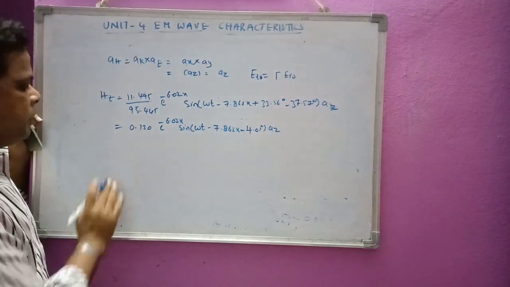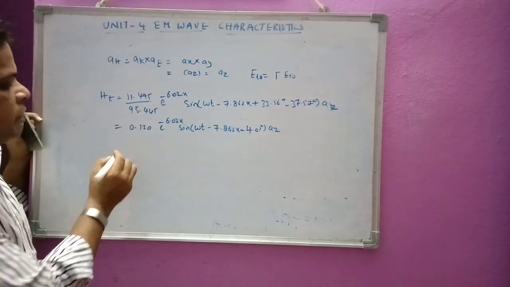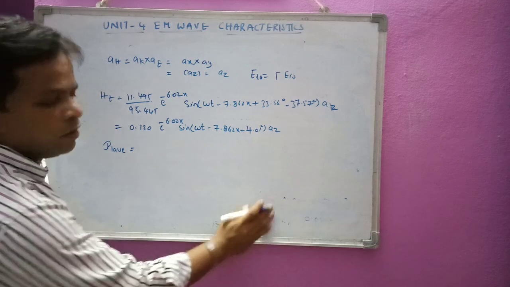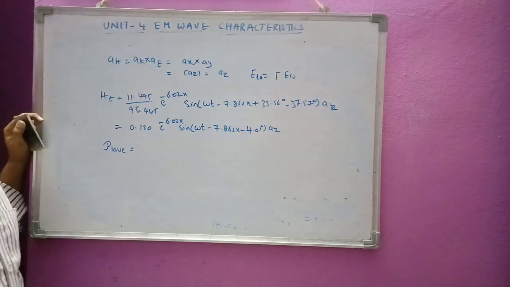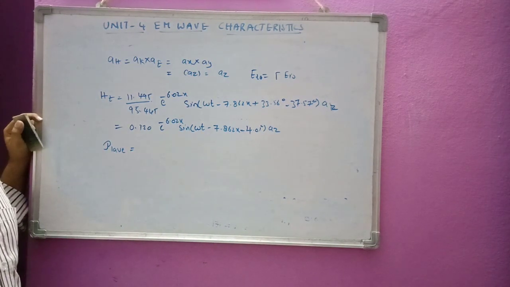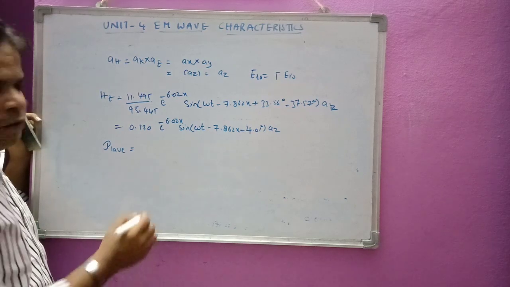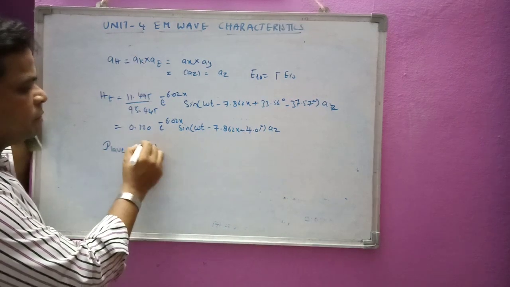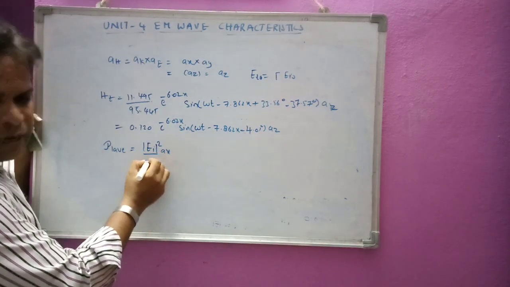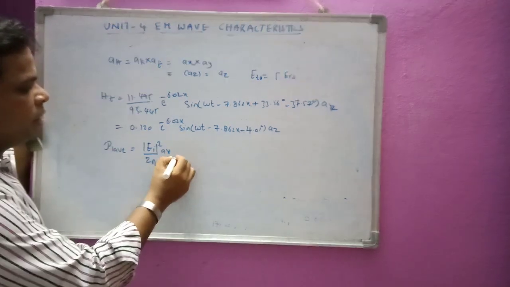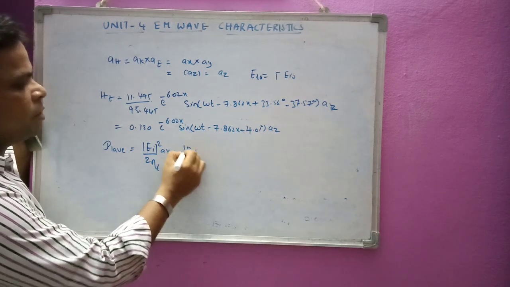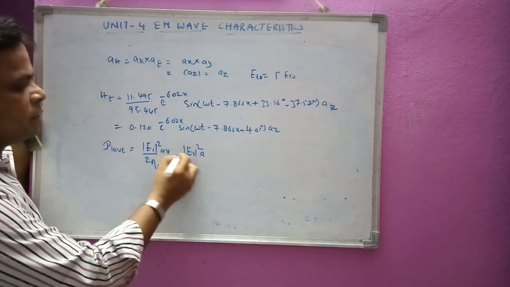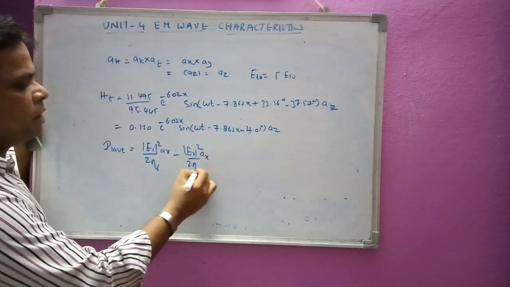Okay, so now we have to calculate the Poynting vector, that is the average Poynting vector P1 average. Here we have both the reflected and the incident field. For the incident field we have the magnitude of EI in the a_x direction over 2 eta 1. Similarly for the reflected field, ER mod, it is in the reverse direction, that is minus a_x, over 2 eta 1.